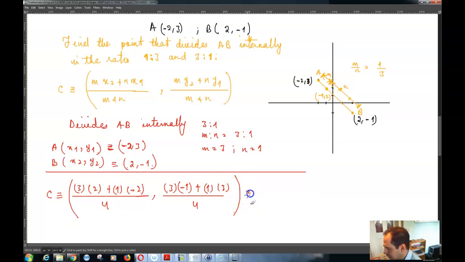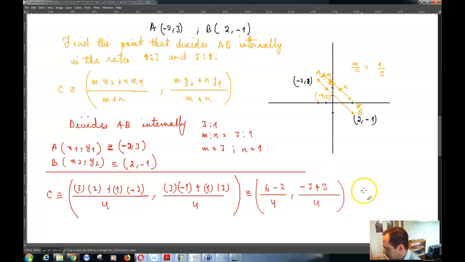If you do this calculation, what you will get is 6 minus 2 over 4, comma, negative 3 plus 3 over 4.